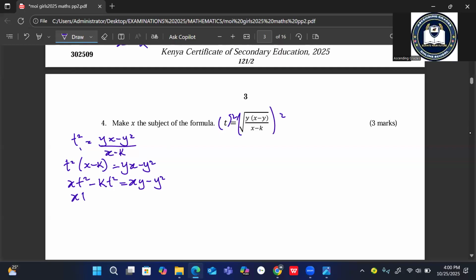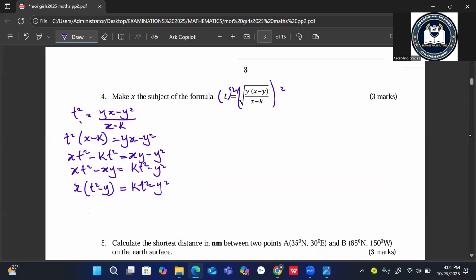So xt squared minus xy gives us kt squared minus y squared. So we factor out x here. So we shall have x into (t squared minus y) equals kt squared minus y squared.